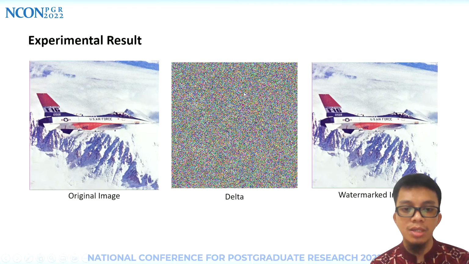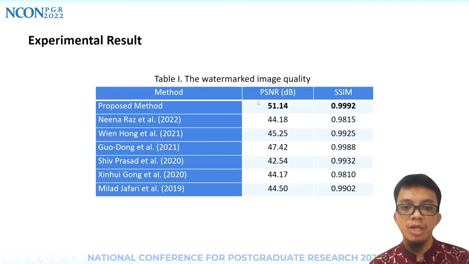So it means delta only shows the difference of the LSB, least significant bit, of the image. And then we can compare the watermark image quality using PSNR and SSIM. The PSNR is measured in dB, or decibel.